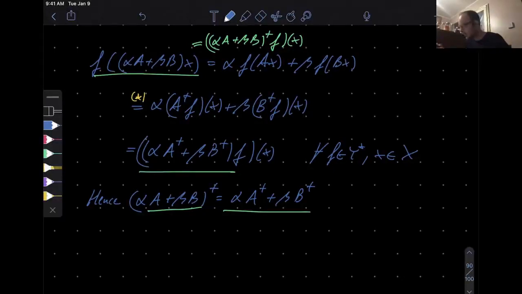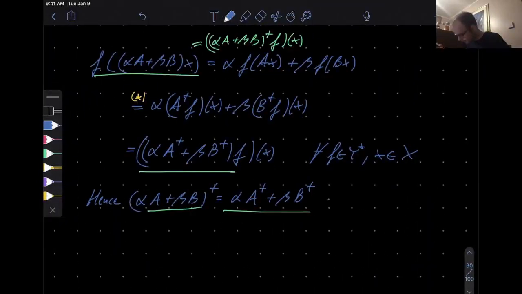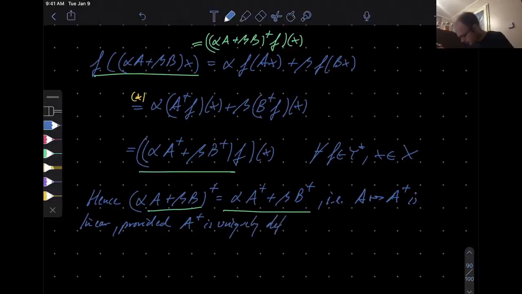Well, that's easy. So hence this, showing that the dual is linear provided the dual is uniquely defined by yellow star, right?